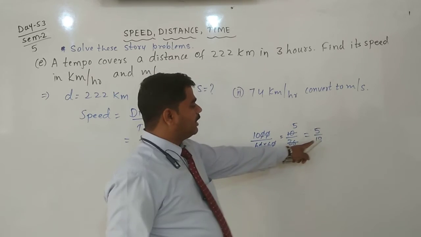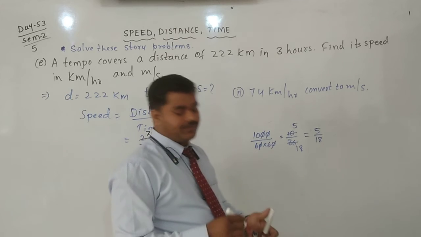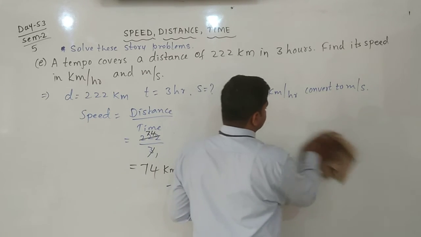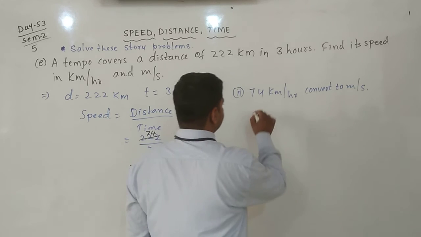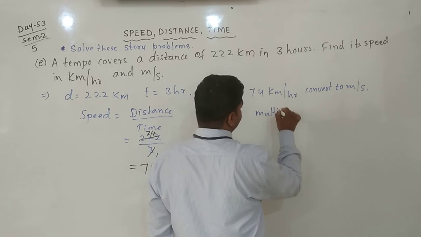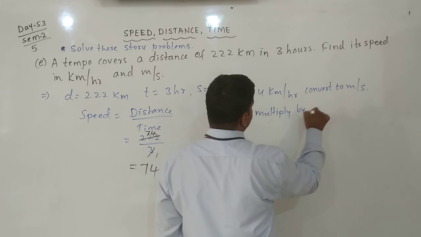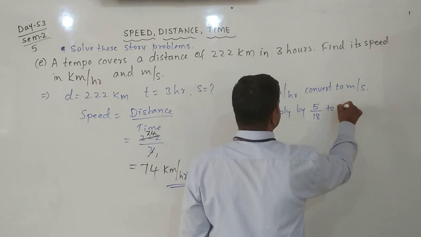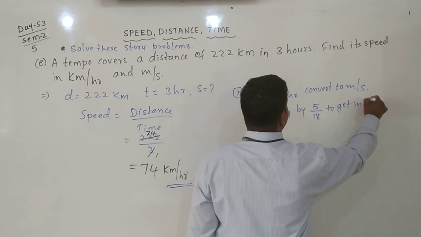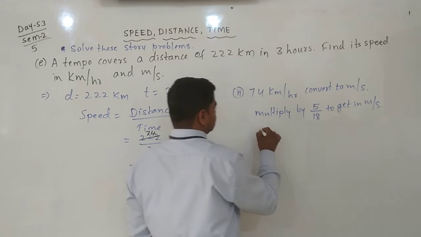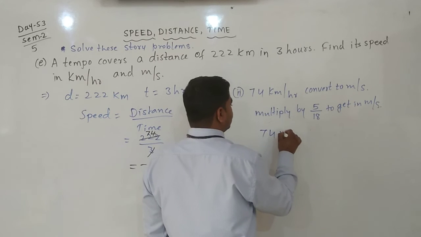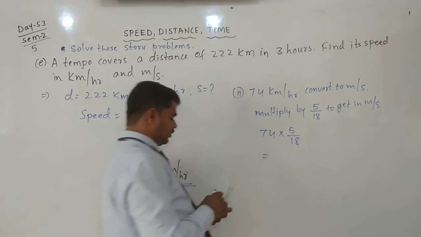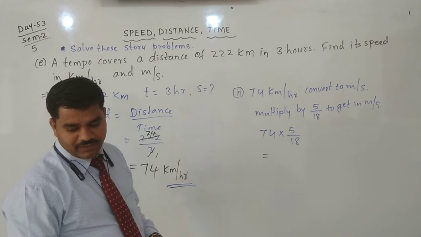This you have to multiply with this 74, then you will get meter per second. Yes, multiply by 5 by 18 to get it in meter per second. Then 74 into 5 by 18, that is equal to 74 5s.